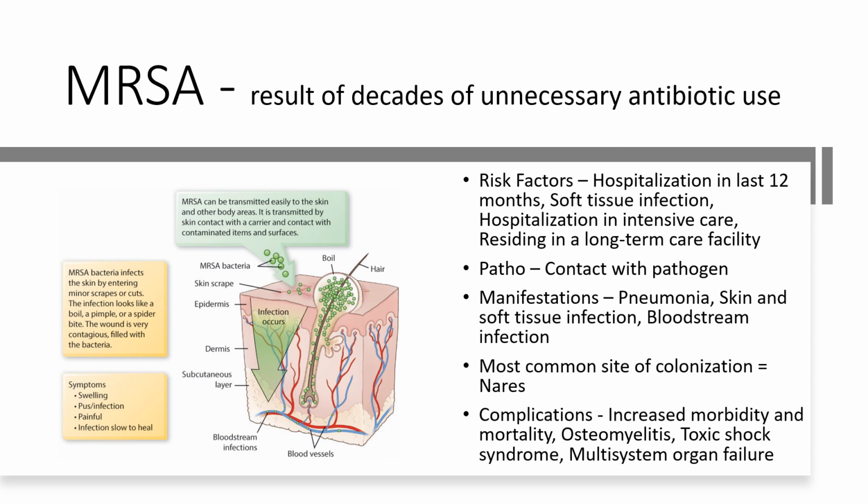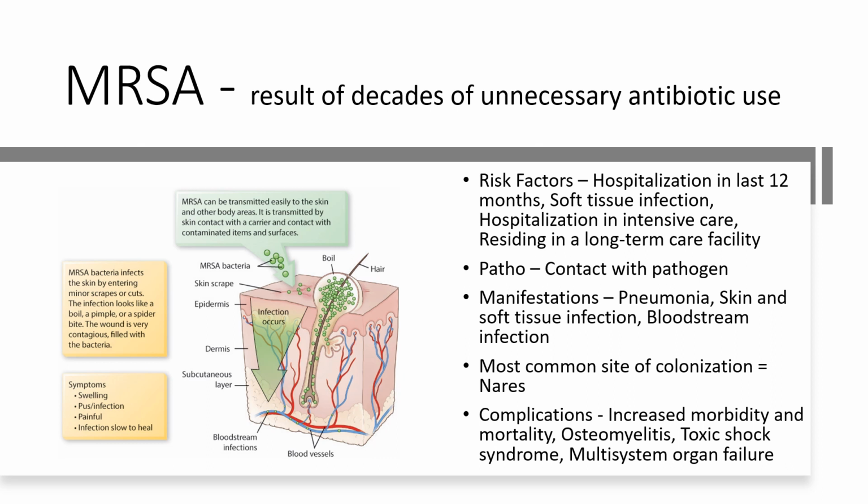Clinical manifestations, so it really depends on what they have. So there can be minor skin infections, like a pimple, an abscess, a stye. And then there could also be more serious, like a pneumonia or a skin and soft tissue infection, a surgical site infection, or a bloodstream infection.